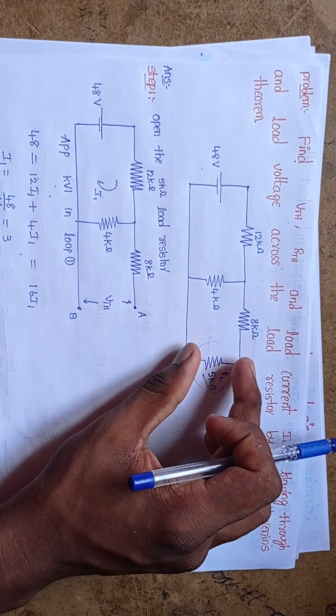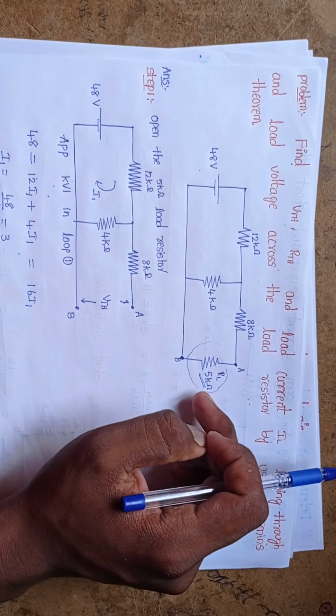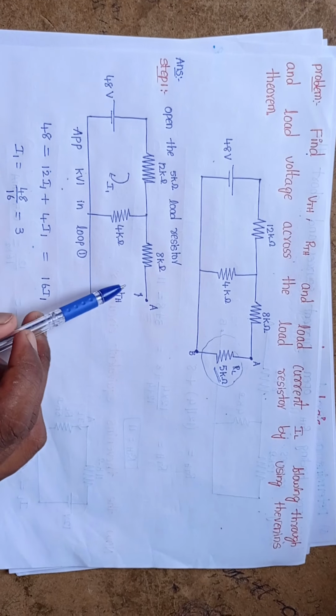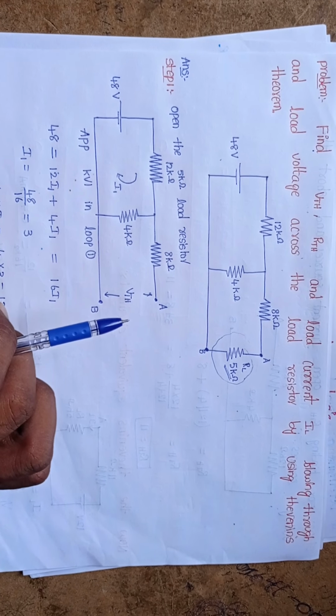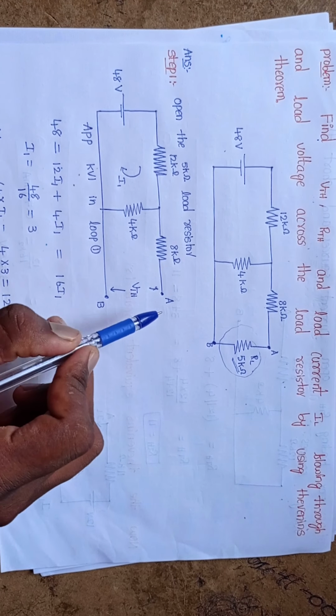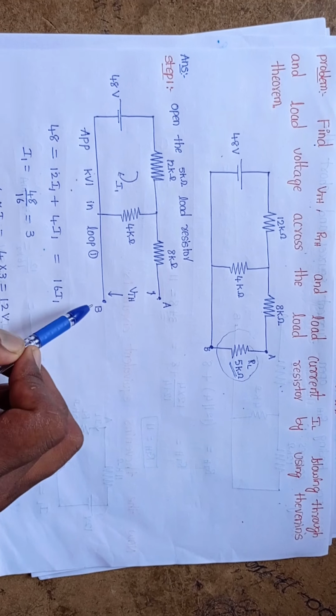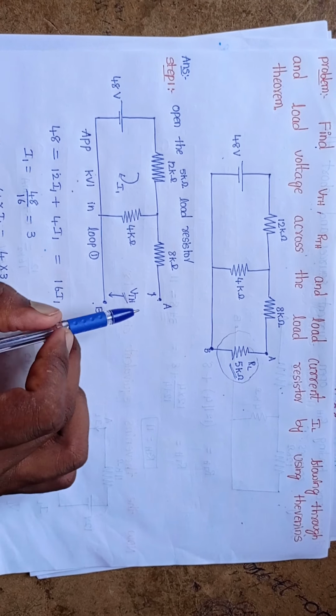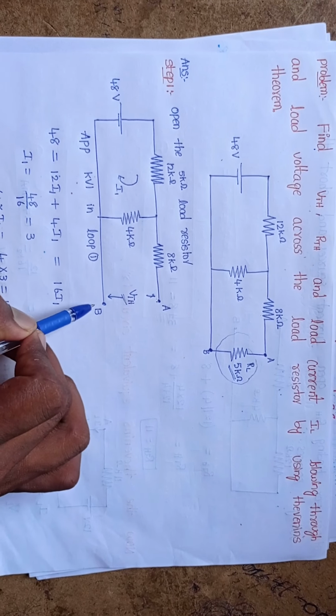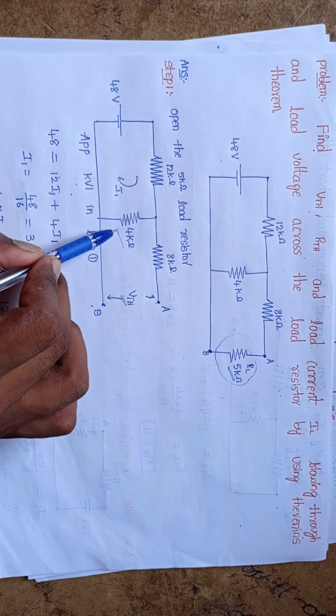First open this 5 kilo ohms, then our circuit becomes like this, and we have to find the Thevenin's voltage across points A and B, VTH. Across A and B means across the 4 kilo ohms resistance.